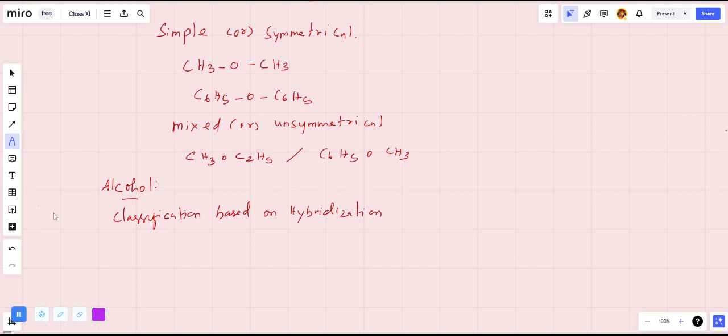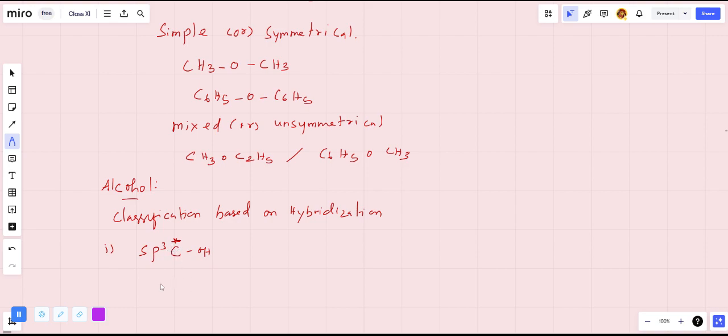Hybridization means it may be sp3. The first classification is compounds containing sp3 carbon with OH. That means the star carbon is an sp3 carbon.